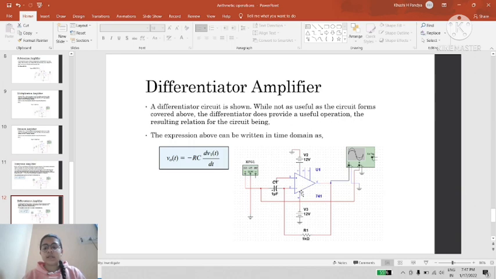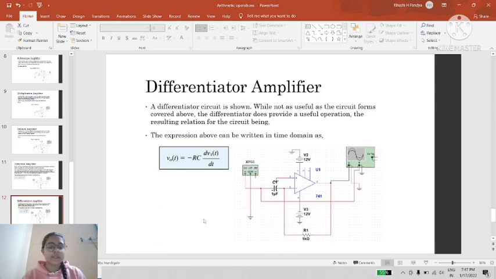In this circuit, we can get output in terms of spikes. Spike means when our input voltage changes its cycle from positive to negative or negative to positive, we get our output voltage.